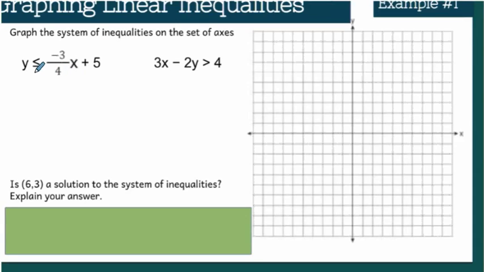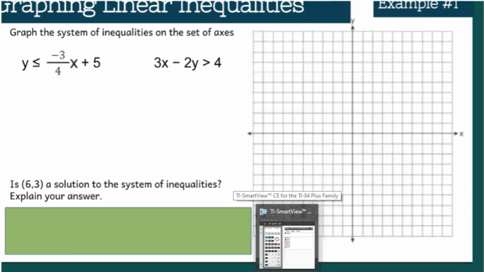The first step to graphing is to make sure that your inequality is written in y equals mx plus b form. This one already is, so we can go ahead and put this into our graphing calculator.